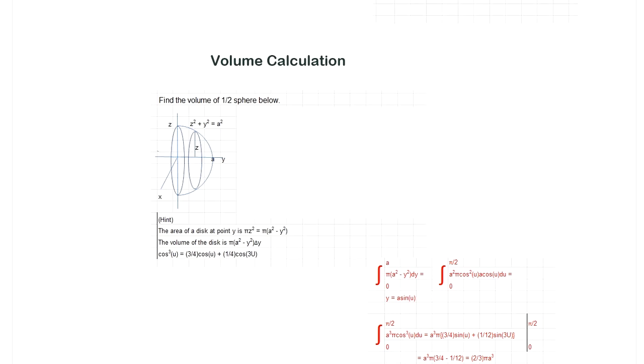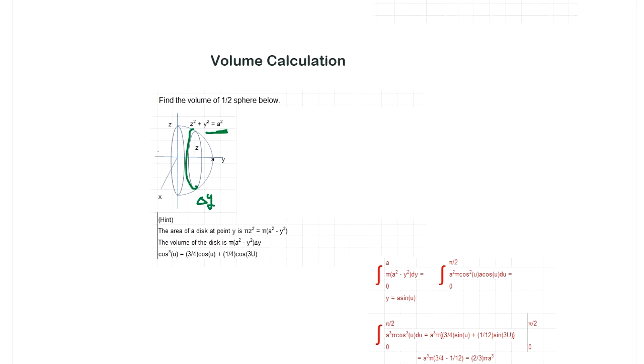Volume. How do you take the volume of this kind of shape, the circle? You can do it many ways. The simplest way is to take a disk and calculate the disk first.